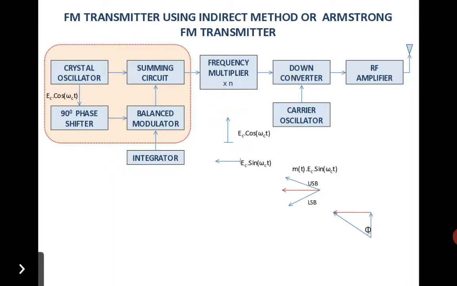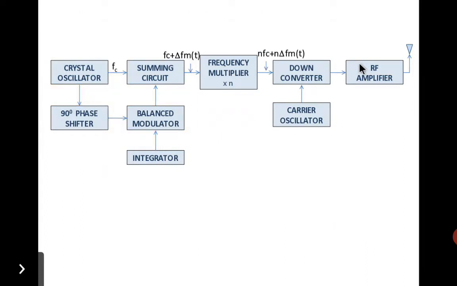So we cannot obtain 98.3 or 94.3 precisely at the output of the frequency multiplier. So we use a carrier oscillator with which the required frequency is obtained at the output by adding or subtracting the input frequency. So the required carrier frequency is obtained here. The required frequency obtained at the output of the mixer is then amplified to the required power level by the RF amplifier.